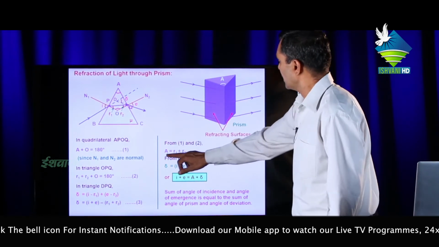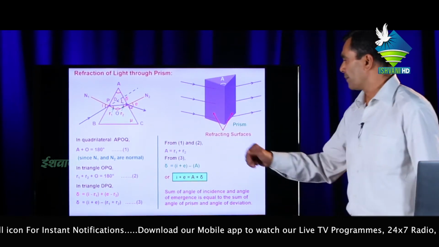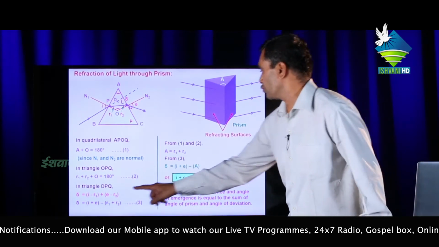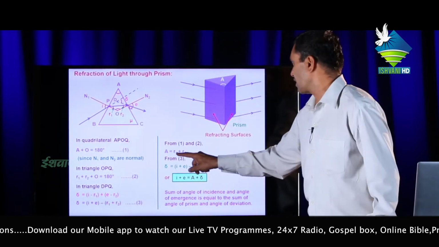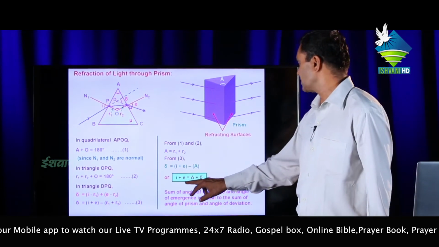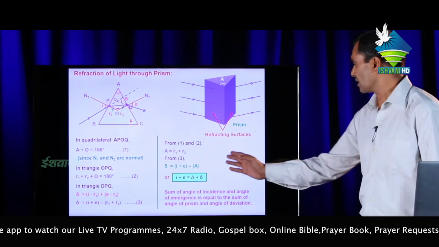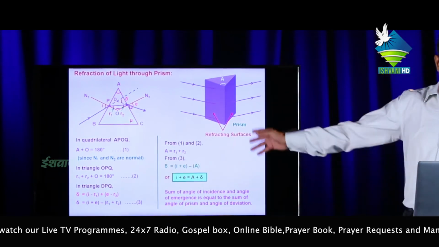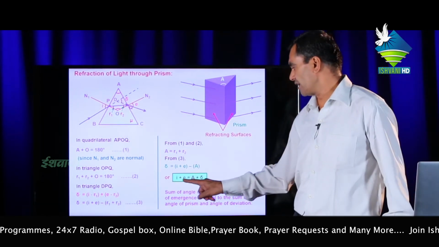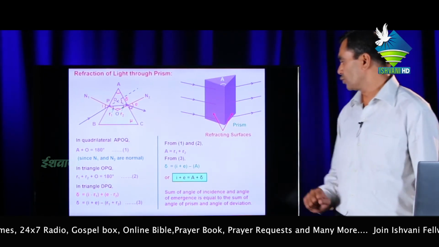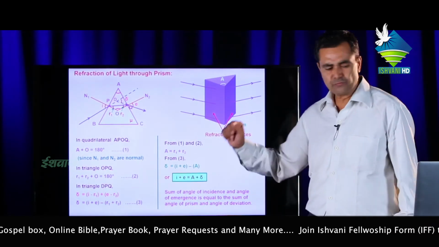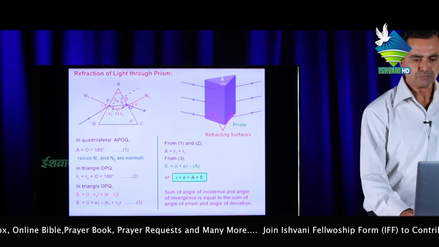By equations 1 and 2, A equals R1 plus R2, and by 3, delta equals I plus E minus (R1 plus R2), and R1 plus R2 equals A. That means I plus E equals delta plus A. The sum of the angle of incidence and angle of emergence is equal to the sum of the angle of prism and the angle of deviation.